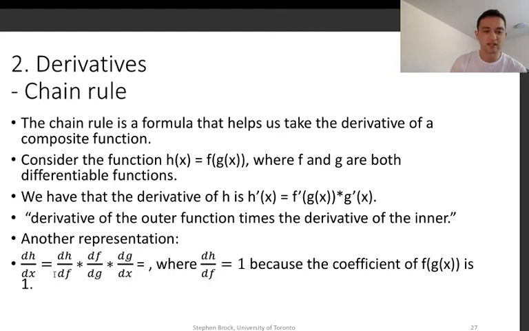If we cancel out this df, this df and this df, and this dg and this dg, we just get dh divided by dg. And so dh over df is equal to 1 because the coefficient of f is 1. And once this becomes 1, this right-hand side is equal to this right-hand side. And so it really becomes clear at that point.